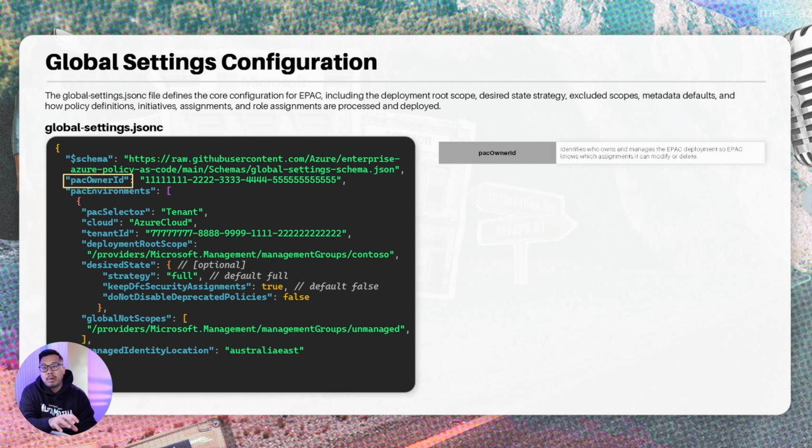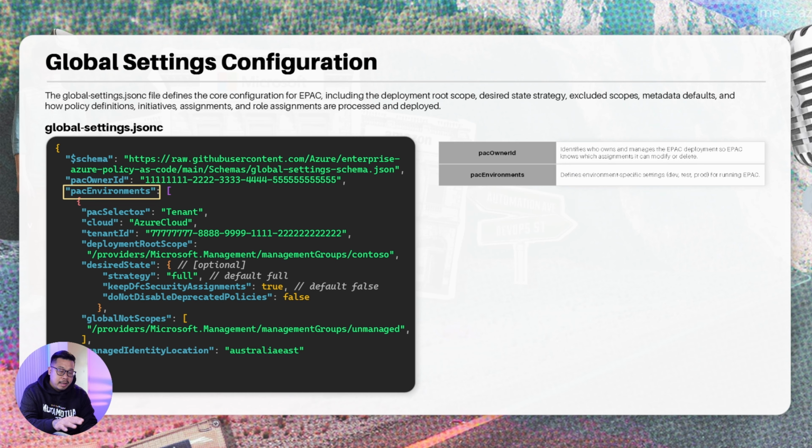And if you ever have policies that don't have a pacOwnerId, which means they're not using EPAC, based on your desired state strategy, it can potentially clear out policies that don't have any pacOwnerId. The pacOwnerId is only used when you're using EPAC because it injects this metadata and tags it as being managed by a certain instance of EPAC. So it's quite an important attribute.